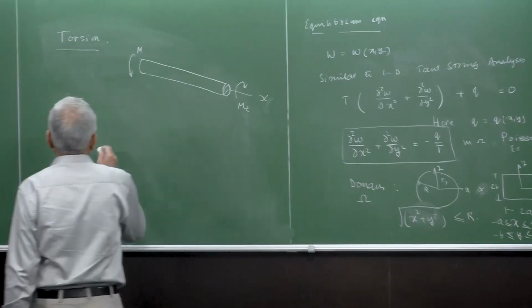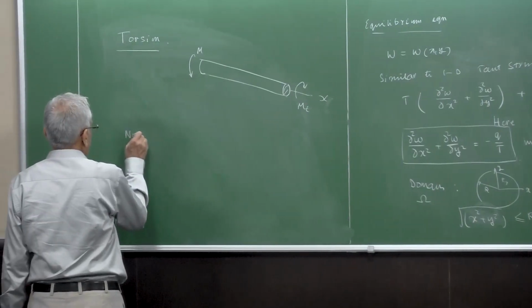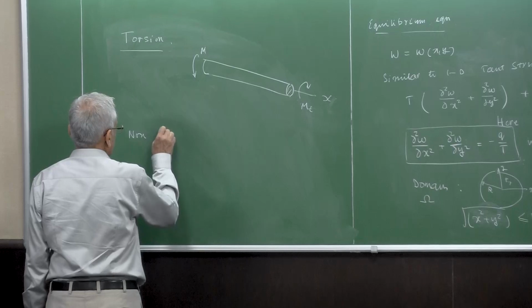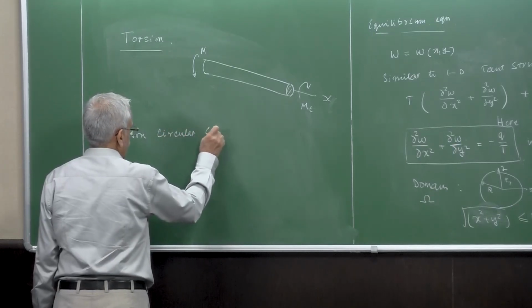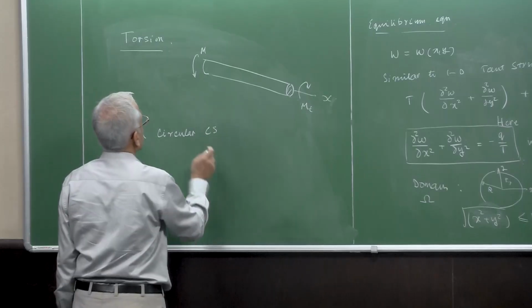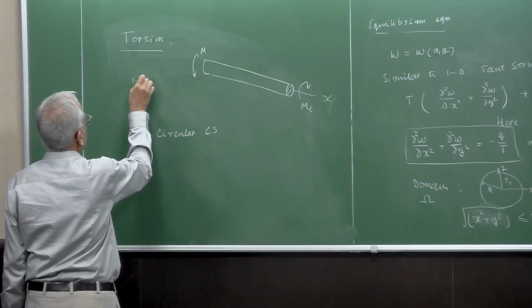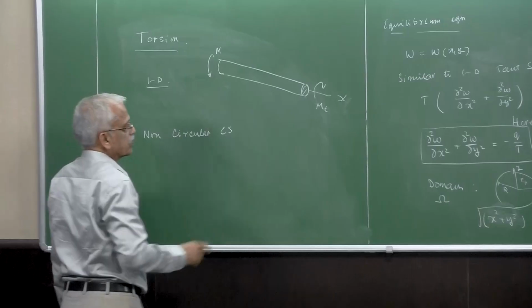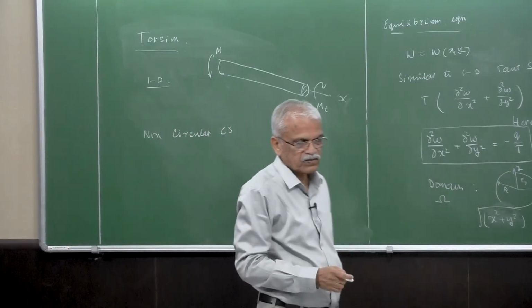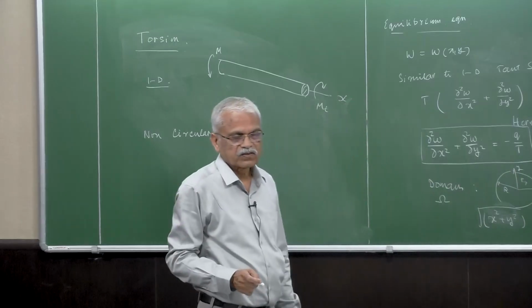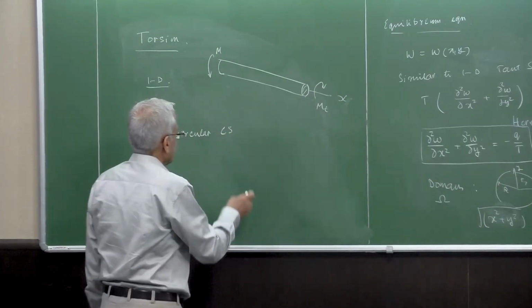But if you have non-uniform, non-circular cross sections, of course the circular case is all under various assumptions that circular cross-sectional planes will remain plane.